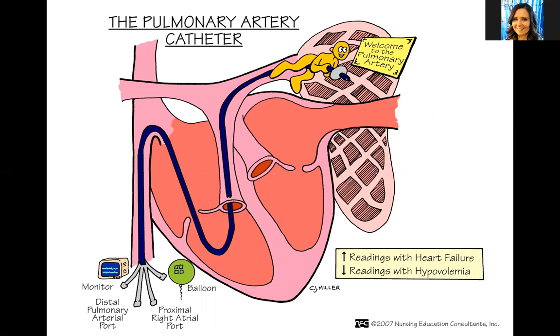That's right, the pulmonic valve, where that tip sits in one of the pulmonary arteries. So remember, arteries go away from the heart. Our pulmonary artery is going away from the heart into the lungs. And fun fact, the pulmonary artery is one of our only arteries that is deoxygenated.